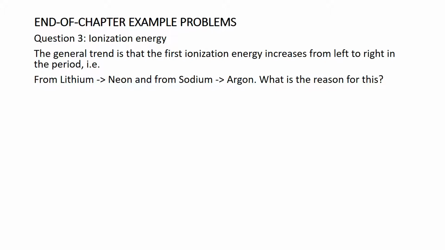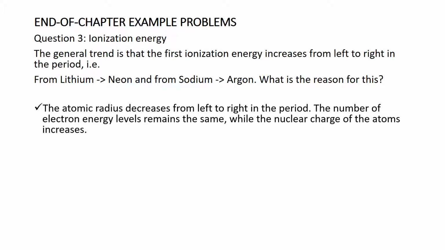Ionization energy. Question 3 is based on ionization energy. The general trend is that the first ionization energy increases from left to right in the period. That is from lithium to neon and from sodium to argon. What is the reason for this? The reason is that the atomic radius decreases from left to right in the period.